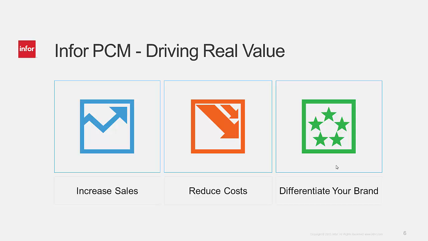The key message here is that PCM with LN amplifies the configure-to-quote and configure-to-order process, which can lead to increased sales. Think, for example, that there is less time required to configure an order. Reducing costs: think about the option of positioning Sales Portal as a self-service quoting and ordering portal.